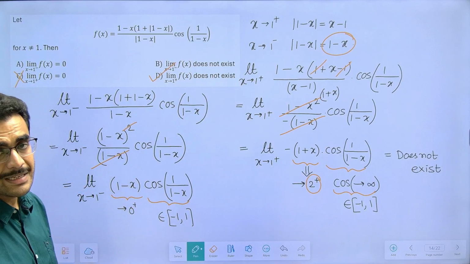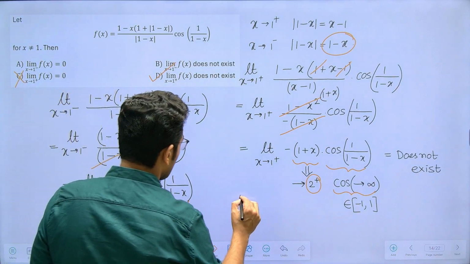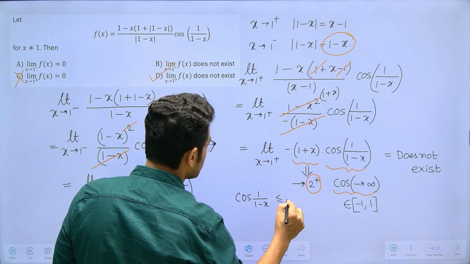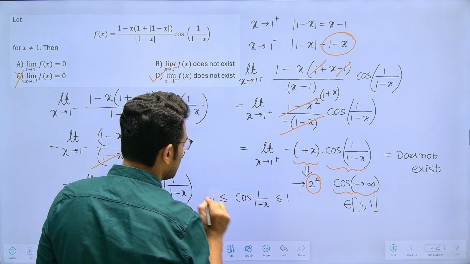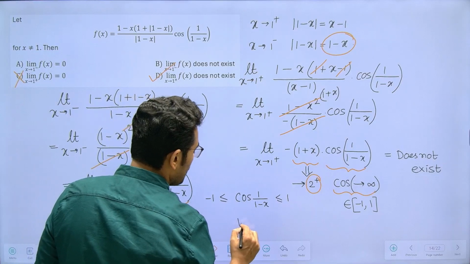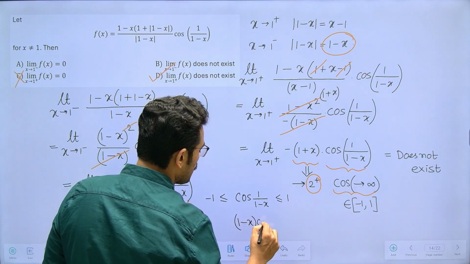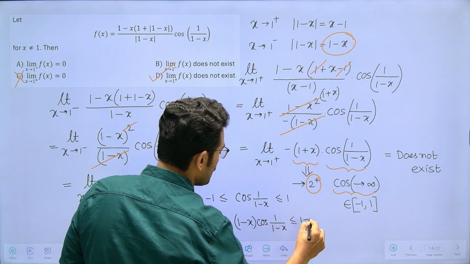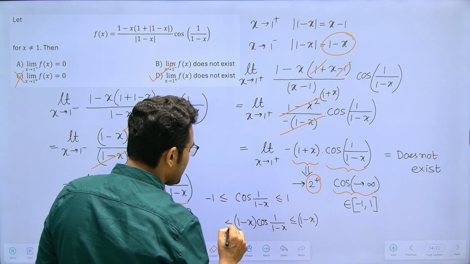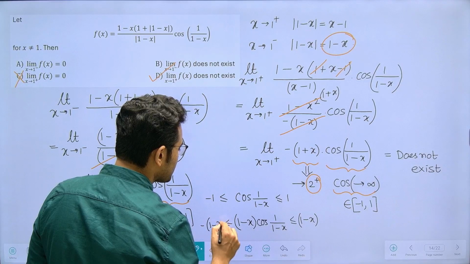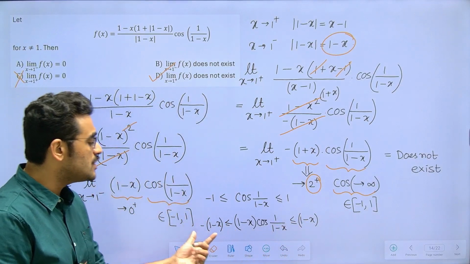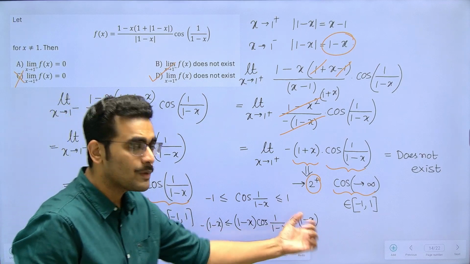So here we can apply the Sandwich theorem, that is cosine of 1 by 1 minus x is oscillating between minus 1 and 1. So if I multiply by 1 minus x, which is a positive quantity in the neighborhood, then this function is sandwiched between minus (1 minus x) and plus (1 minus x).